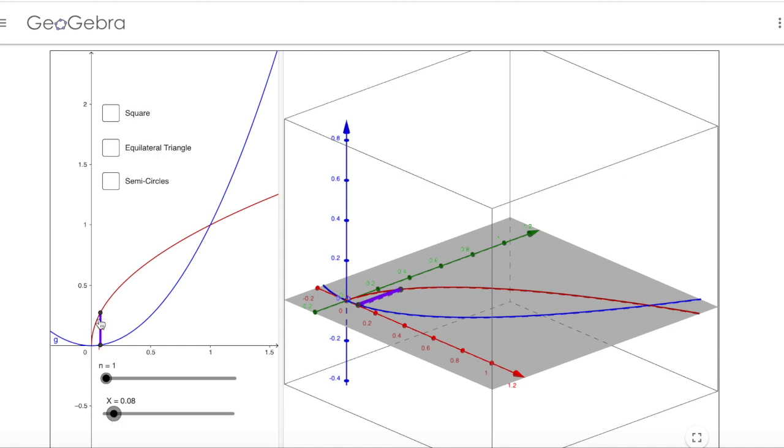As I'm moving this along, this is just showing you that at the beginning of this region, this is a fairly small vertical distance, and the problem said we are going to take slices or sections that are perpendicular to the x-axis.